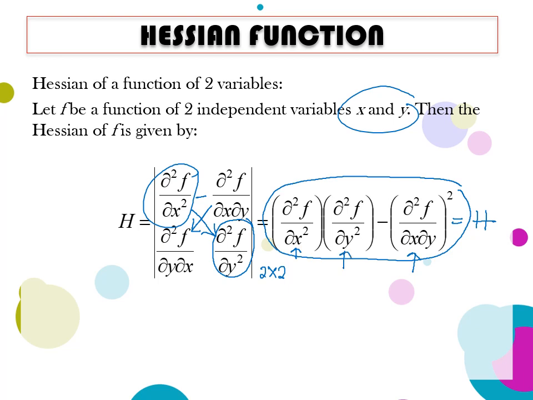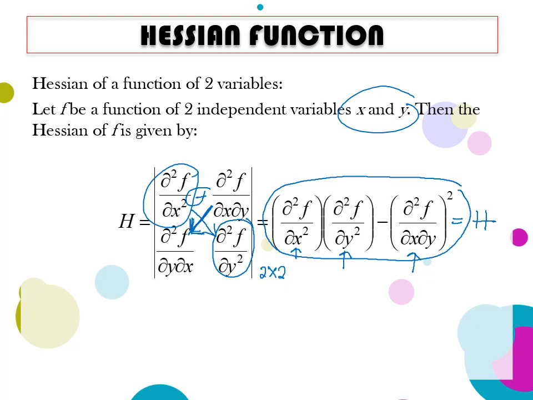Minus the product of this, because these two are equal: del squared f over del x del y and del squared f over del y del x.